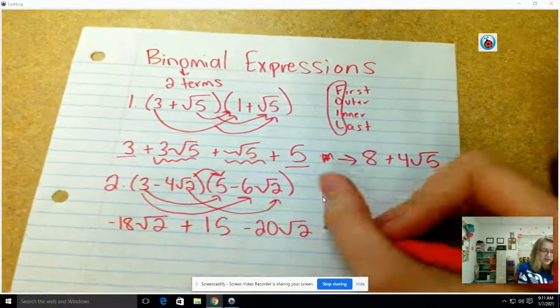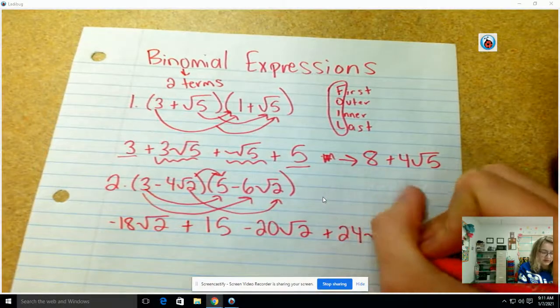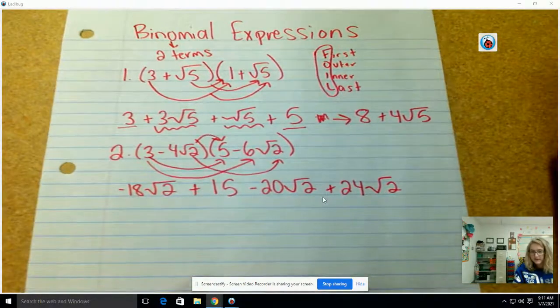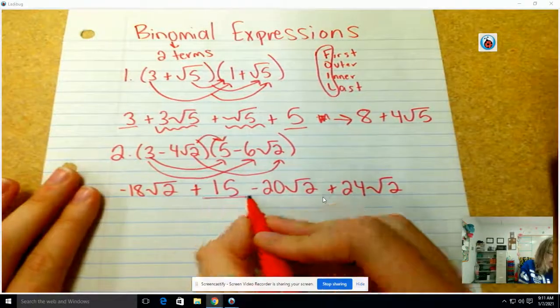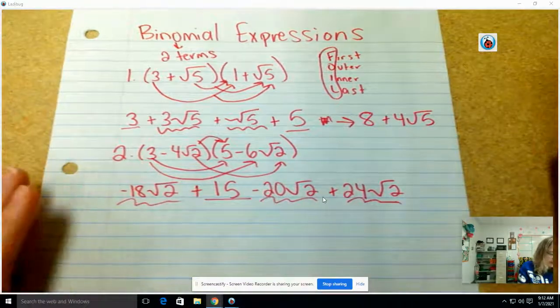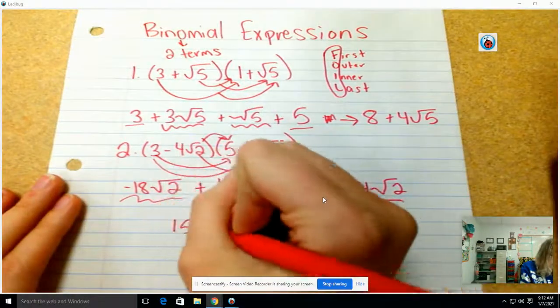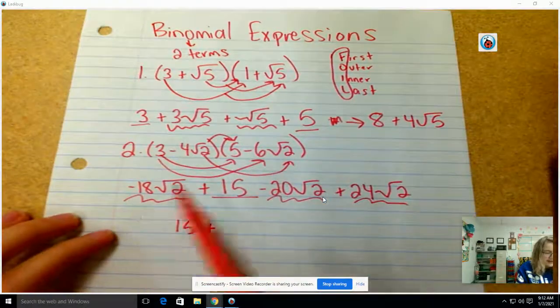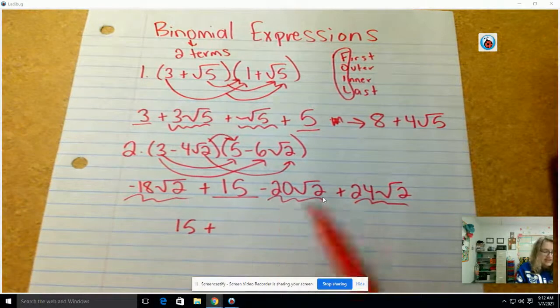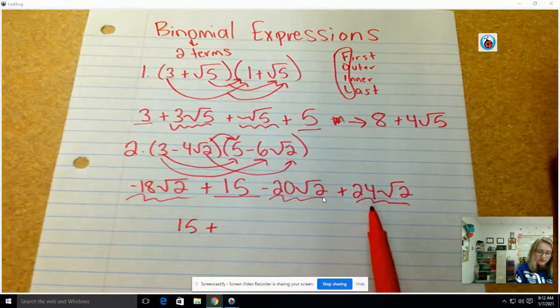Two negatives give me a positive, so plus 24 radical 2. Now I'm ready to combine like terms. This is my lone whole number, and these are my radical like terms. So we're going to have 15 plus negative 18 plus negative 20. That's going to give me negative 38, plus 24.